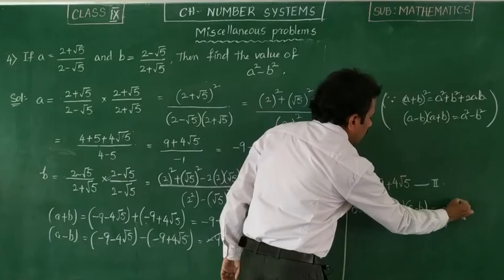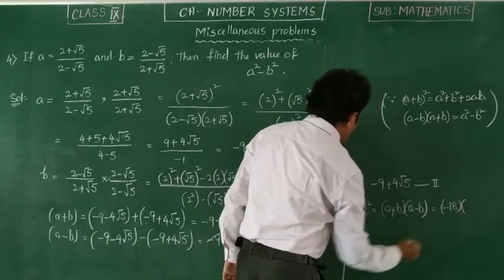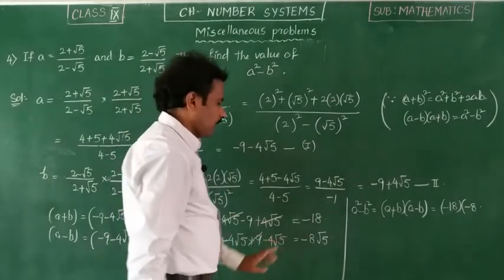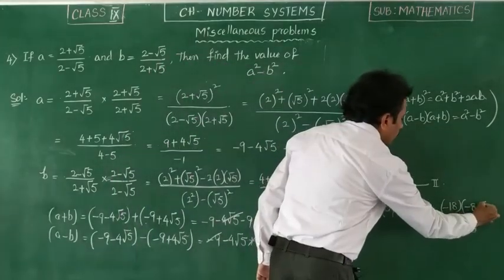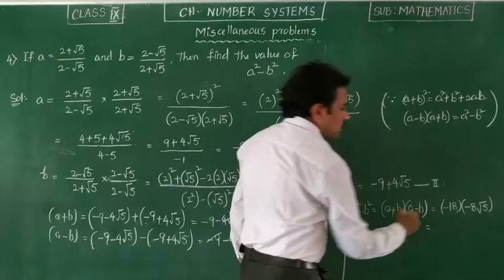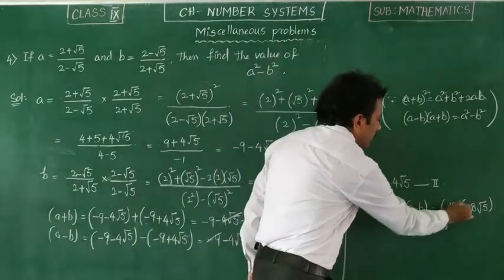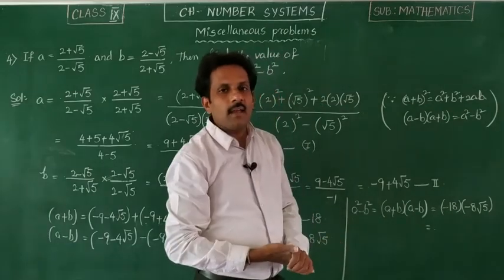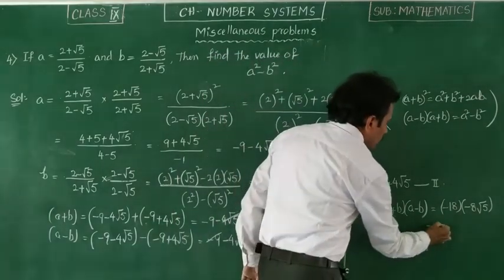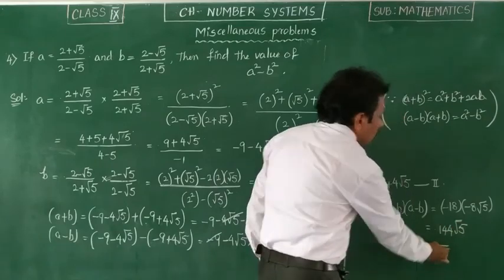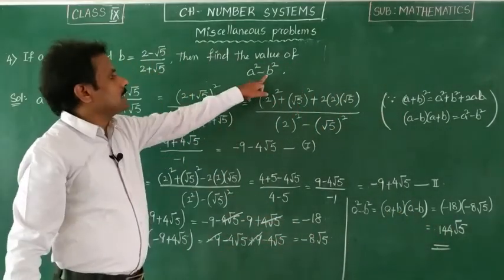Minus 18 into minus 8 root 5. Here minus into minus we get plus, 18 times 8 is 144. So plus 144 root 5. This is the value of a square minus b square.